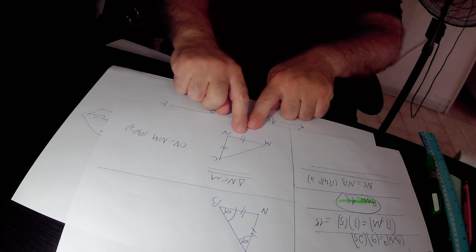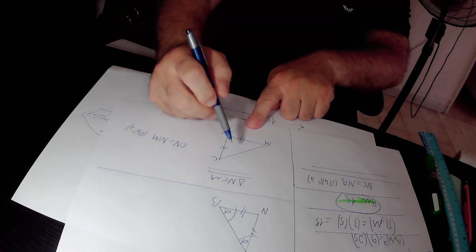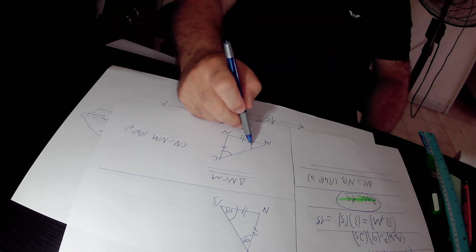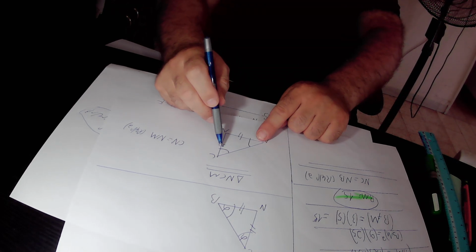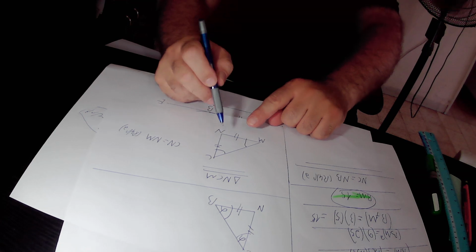In front of this side NM we have this angle, and in front of this side CN we have this angle, angle NMC. According to the rule that I mentioned, those two angles are equal to each other because they are located in front of those two equal sides.